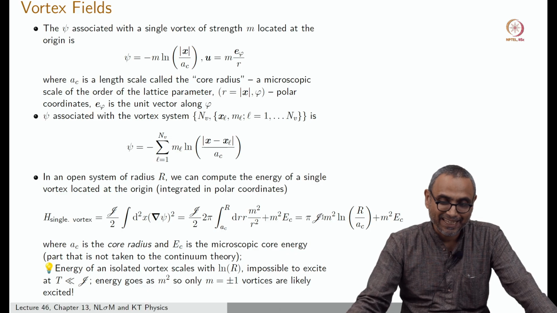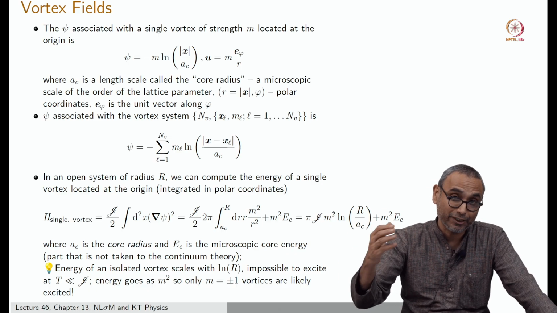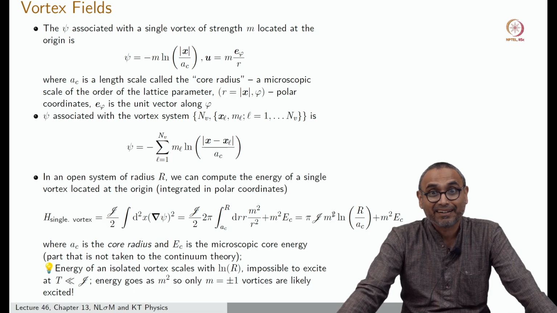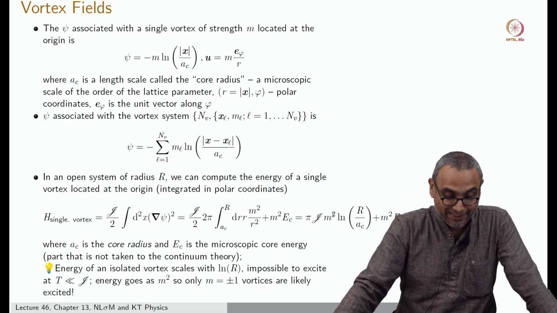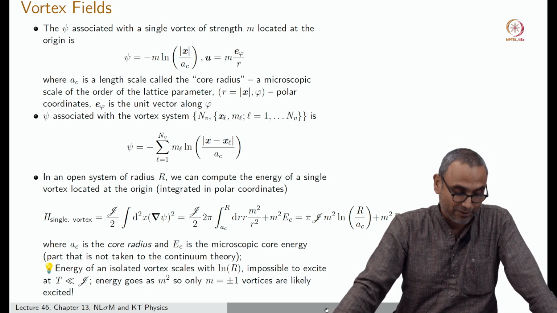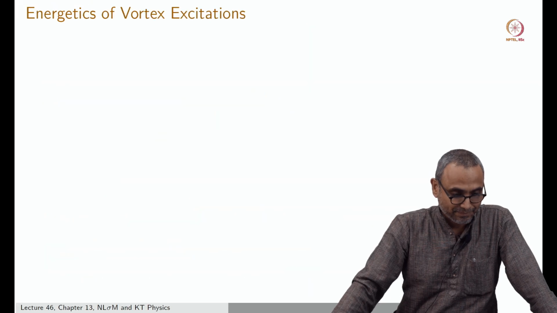But since the energy goes as m squared, the vorticity squared, the only reasonable things you will be able to excite are m equal to plus or minus 1 vortices, because if you go to higher vorticity, of course, you will run into trouble with energy, that is.